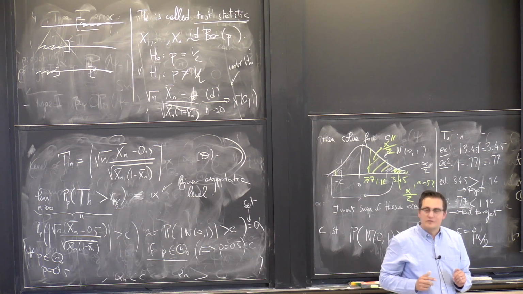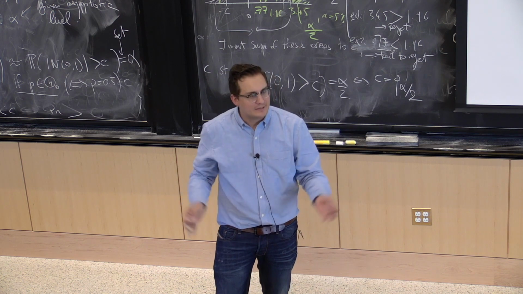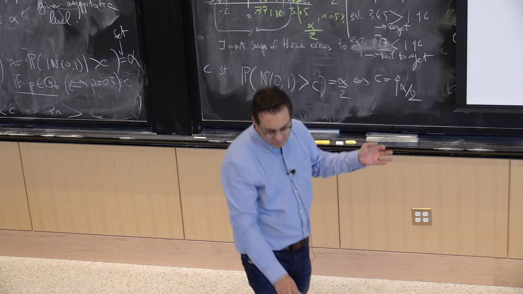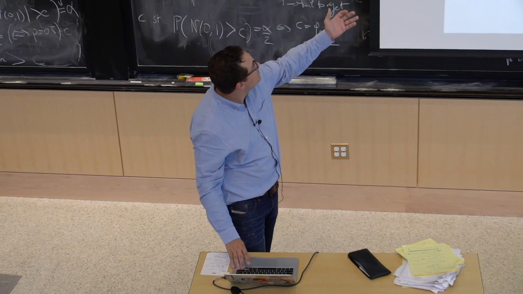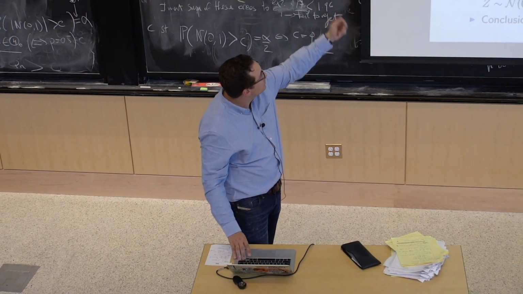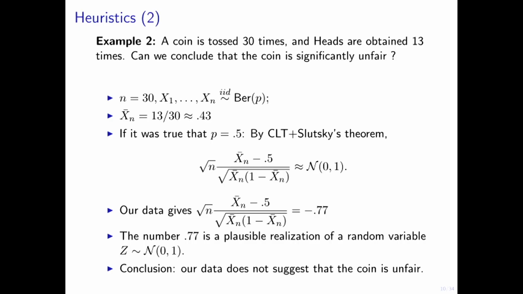This is to be contrasted with the following approach. I draw my data. All right, so I run this experiment, which is probably going to get me a publication in Nature. I'm trying to test if a coin is fair. And I draw my data, and I see that there's 13 out of 30 of my observations that are heads.